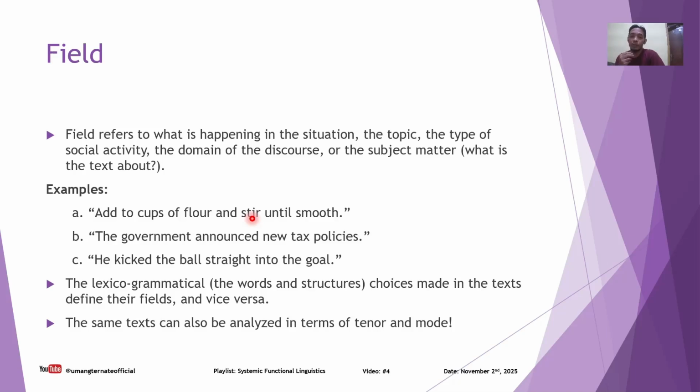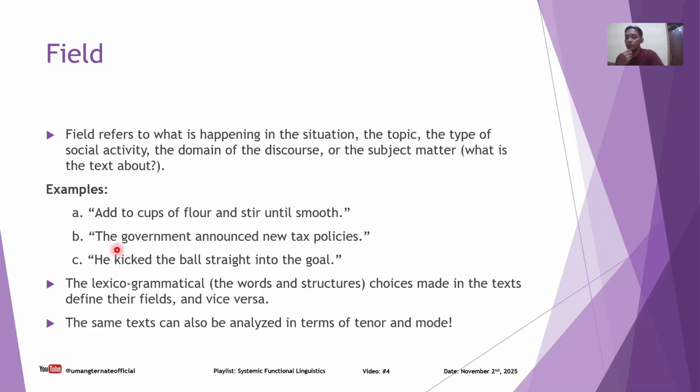Like cooking. This is about cooking. The topic is about cooking something. How do we know that? Because of words like cups, add 2 cups, flour, stir, and so on and so forth. These words are usually used in that field.